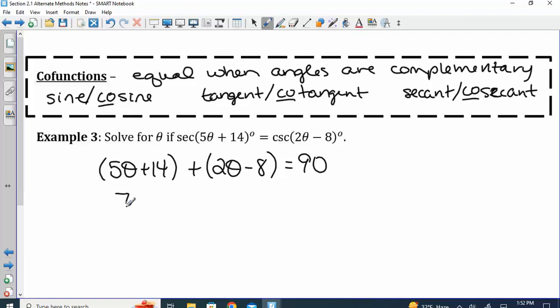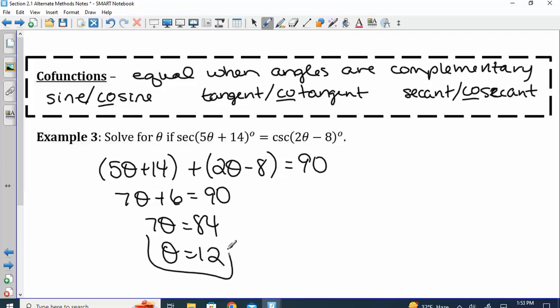So 7 theta is 84. My theta is 12. Any questions there?